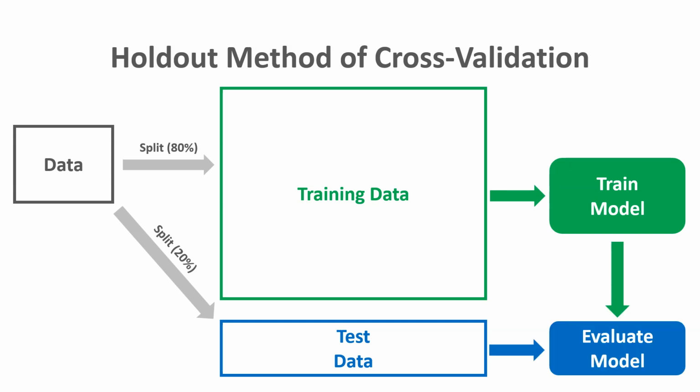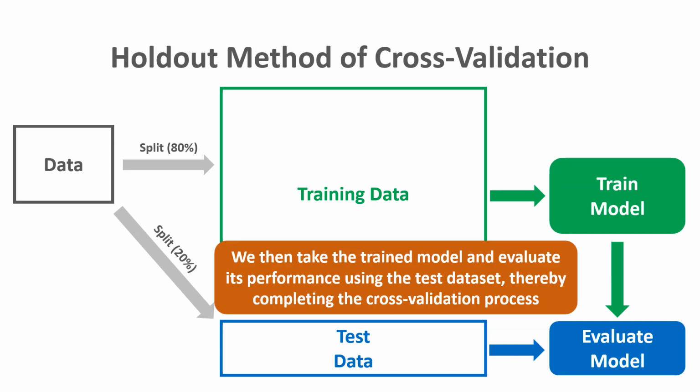And then we evaluate that initial model that we trained or estimated against the test data set. So we take that trained model and evaluate its performance using the test data set. And so this completes the cross-validation process, where essentially in the first step where we train the model, we're validating the model. In the second step, we are cross-validating that model.